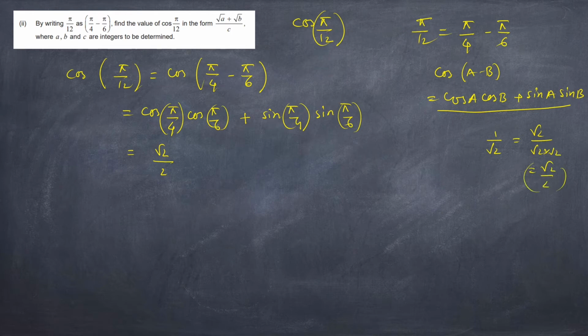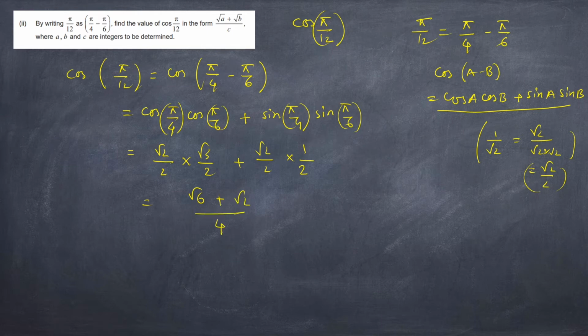Just to keep the 2 in the denominator, we have done this modification. So root 2 by 2 into root 3 by 2 plus root 2 by 2 into 1 by 2. Ultimately we are getting root 6 plus root 2 divided by 4. So this is the answer.